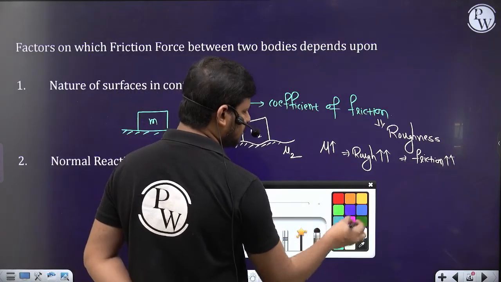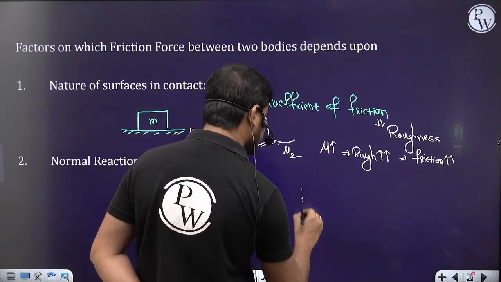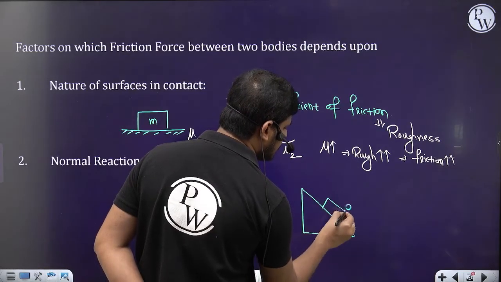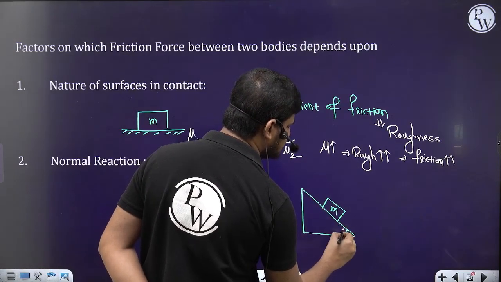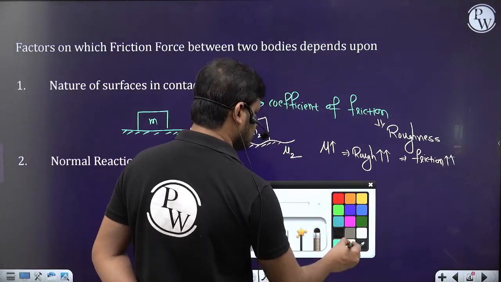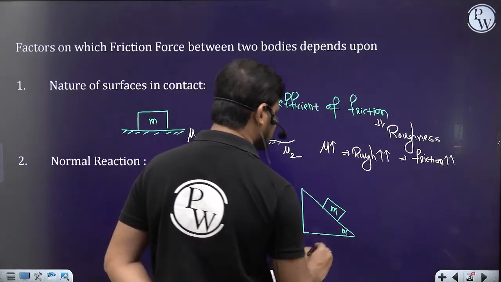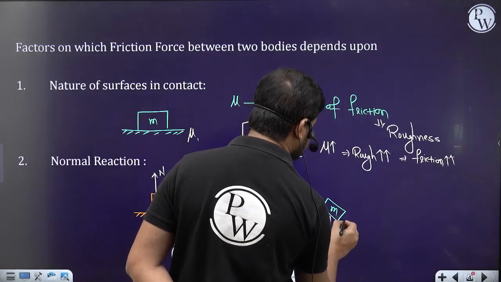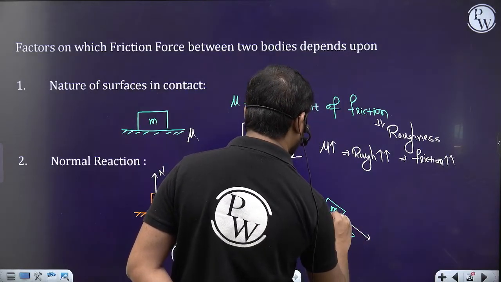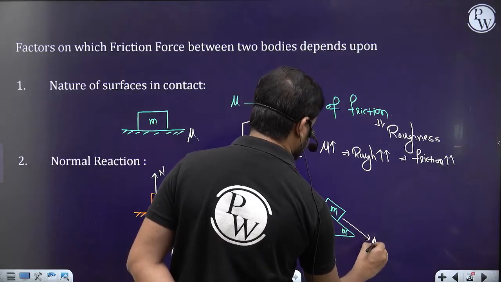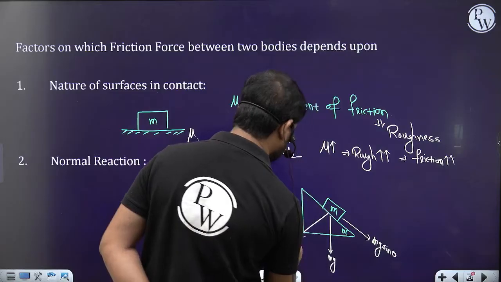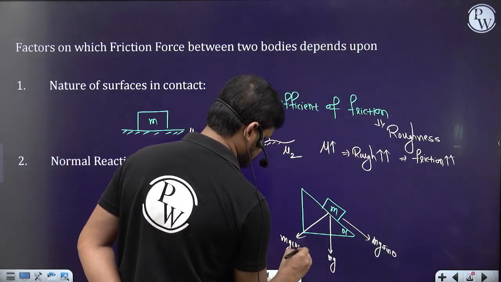So if the object is placed on an inclined surface, let's suppose, like this, let this angle be theta. Now this will have two components. What are the two components? This mg acts downward. So this side one component, and this side one component. Along here, this is mg sin theta, and here this is going to be mg cos theta, right?